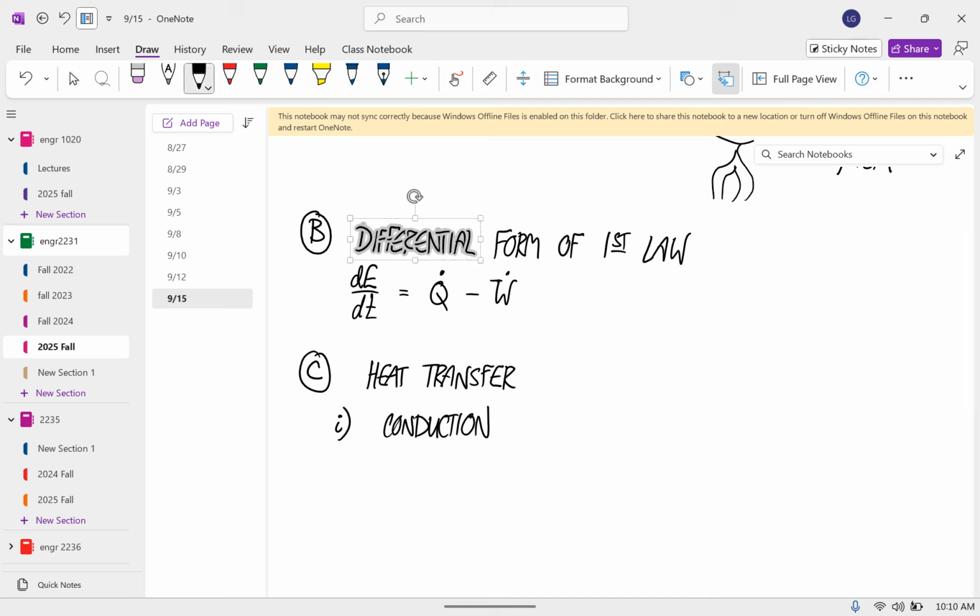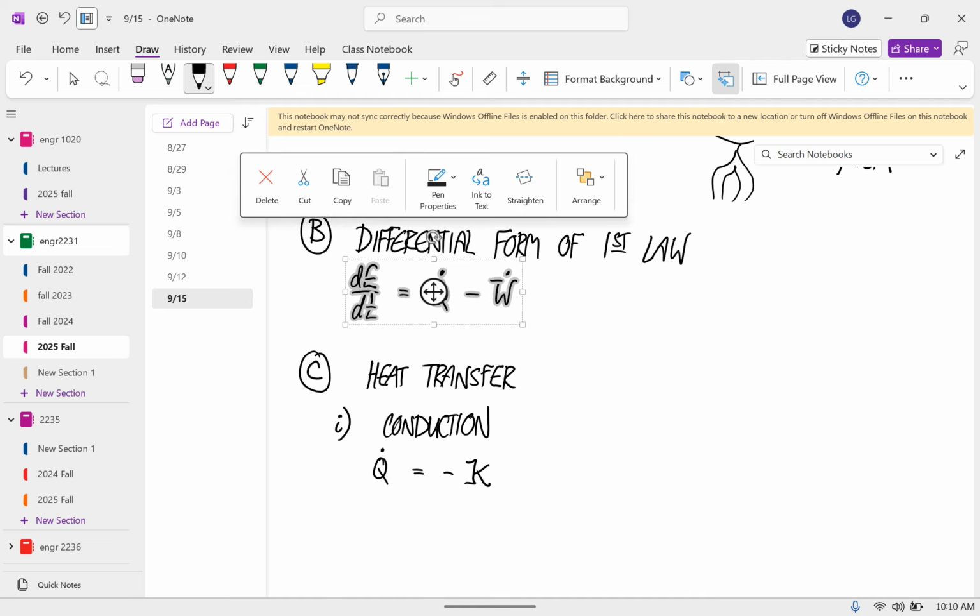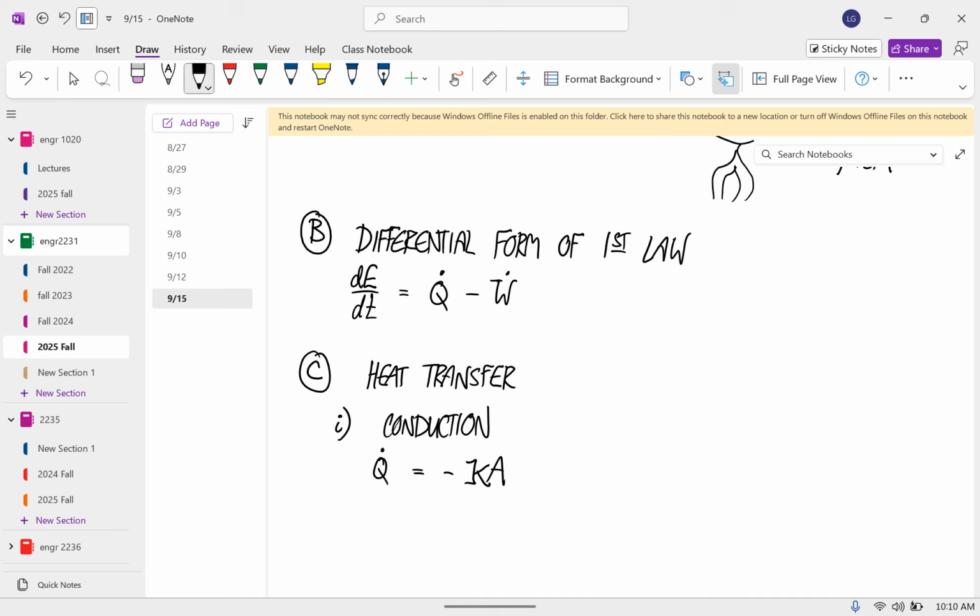And the conduction equation says Q dot is equal to negative coefficient of thermal conduction, kappa, times A times dT/dx.